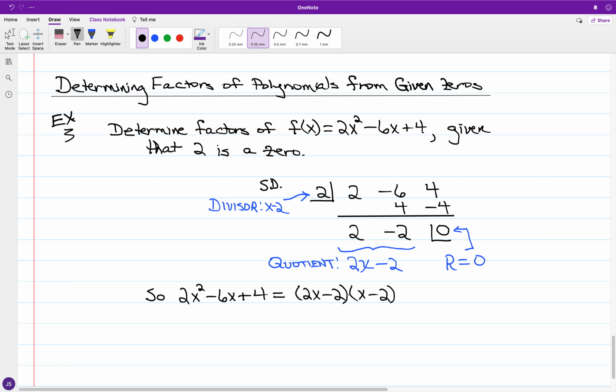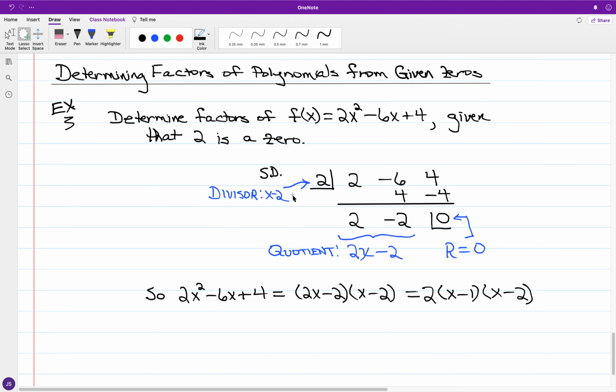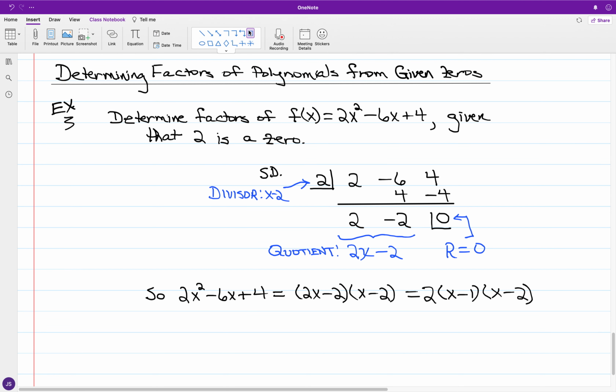For the complete factorization, with 2x minus 2, the greatest common factor is 2. 2 goes into 2x minus 2, x minus 1 times. Then we have times the quantity x minus 2. And that will be the outcome we have here.